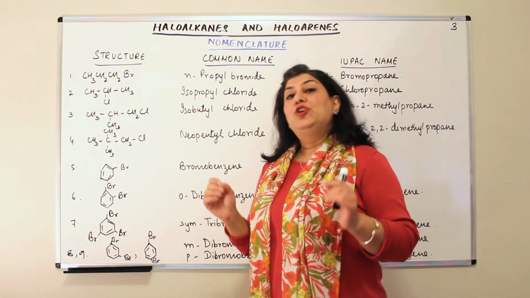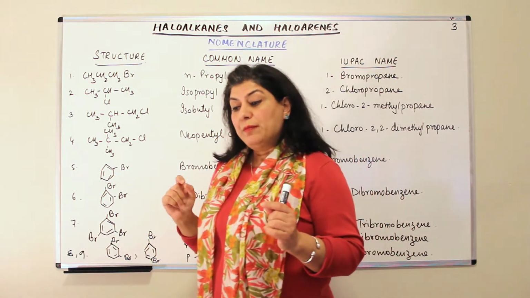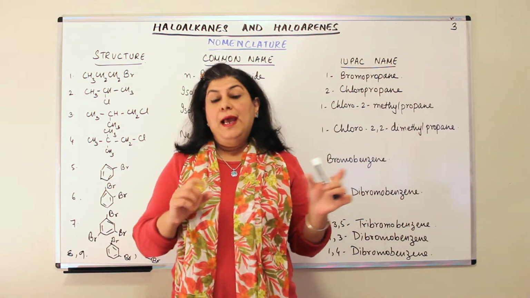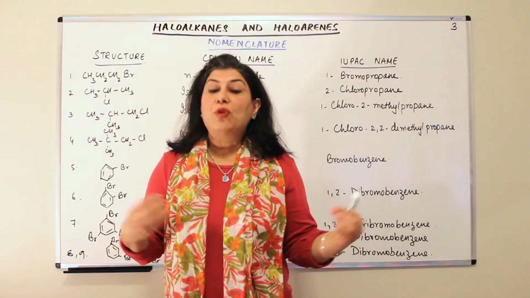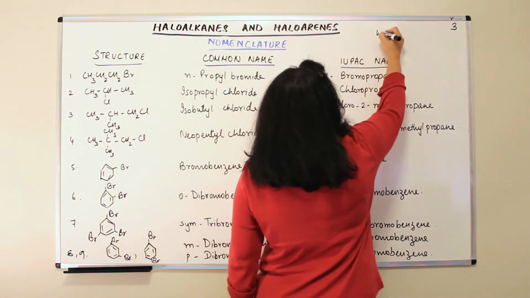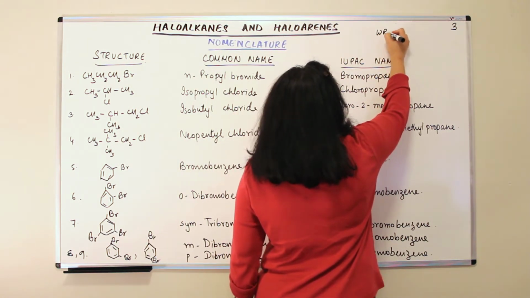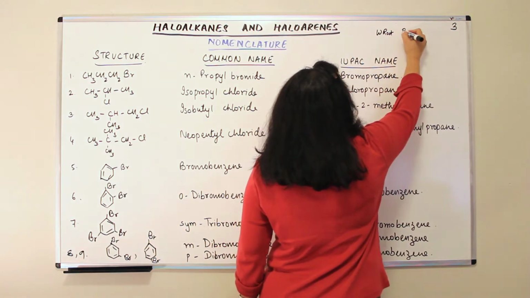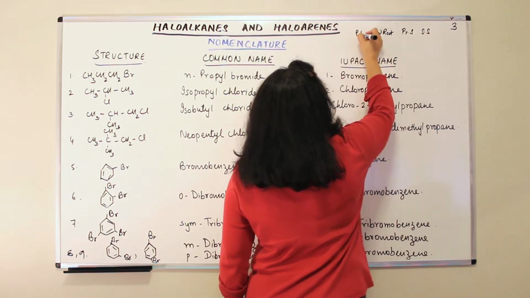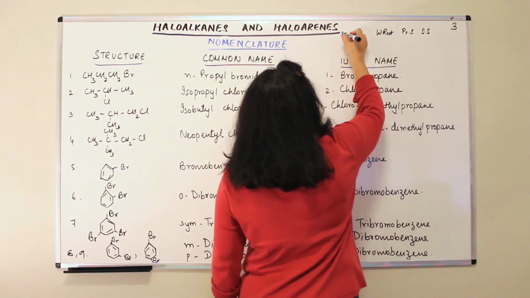But when you come to the IUPAC nomenclature, if you remember, in IUPAC nomenclature there are 5 parts to a name, and that is how we systematically give the name of a compound. What are the 5 parts? The 5 parts are the word root, the primary suffix, the secondary suffix, the primary prefix, and the secondary prefix.